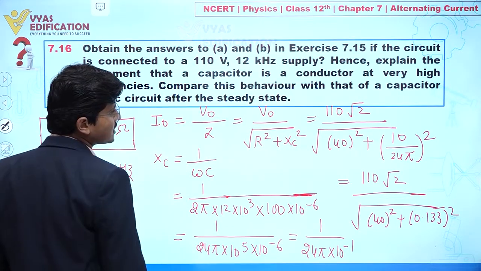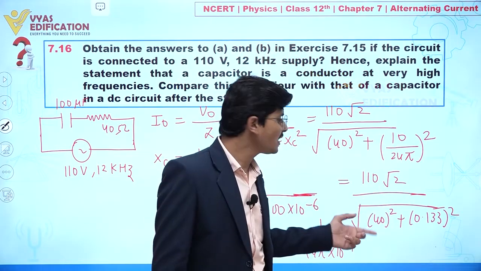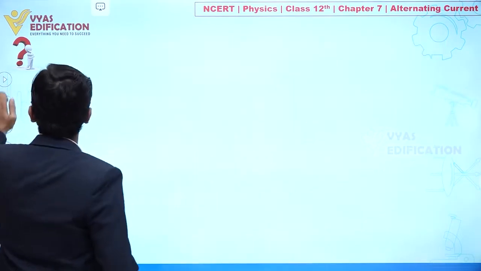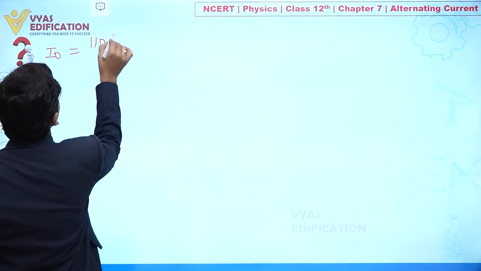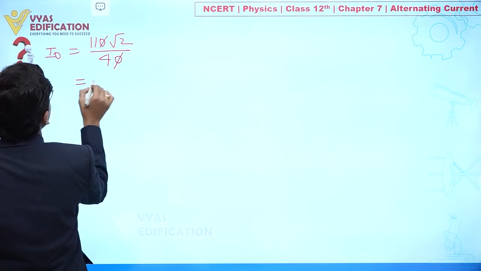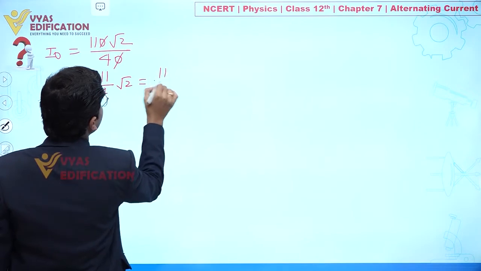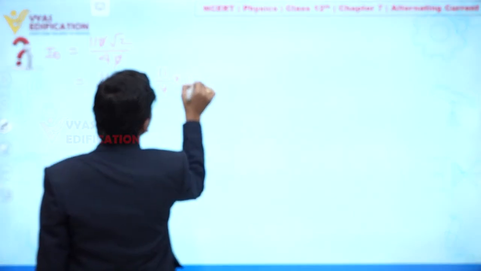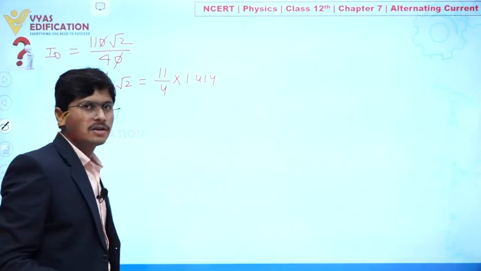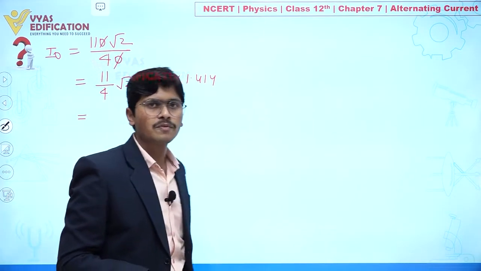So we get the maximum value of current as 110 root 2 divided by 40. So the value of I naught is 110 root 2 divided by 40. This one and this one cancel out, so 11 by 4 multiplied by root 2, that is 11 by 4 into 1.414.